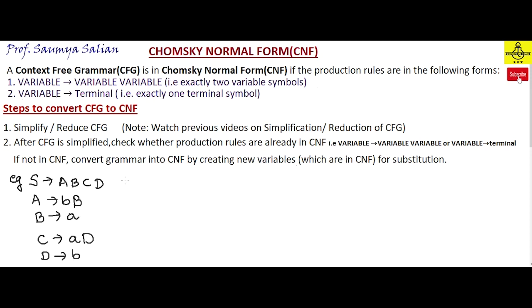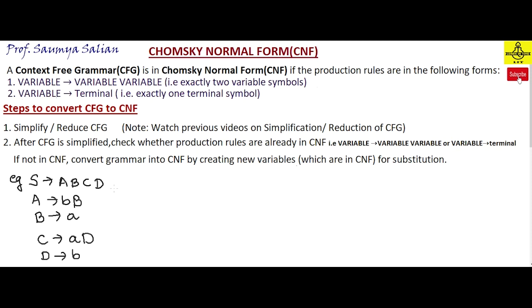Take one more example. This grammar is already in simplified form, wherein there are no null productions, unit productions, or useless variables. Now we'll check whether the grammar is in CNF.